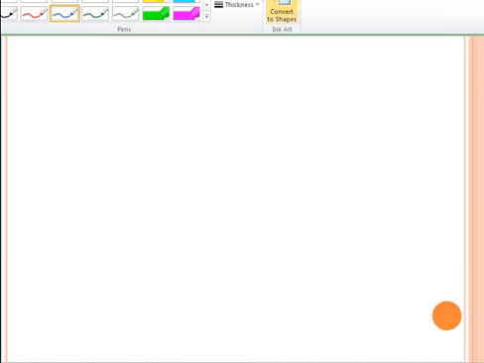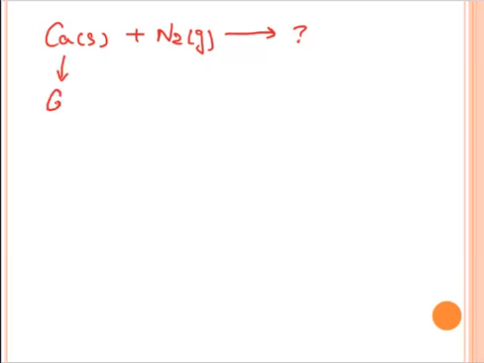And let's take a look at a couple of other examples. This one is what we're going to talk about: if we mix solid calcium with nitrogen gas, it will start reacting, and it will form what? We know calcium, if you look on the periodic table, is in group 2, and tends to lose 2 valence electrons to give you calcium 2 plus.